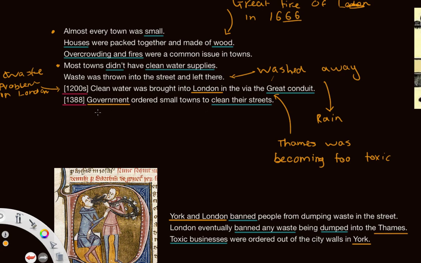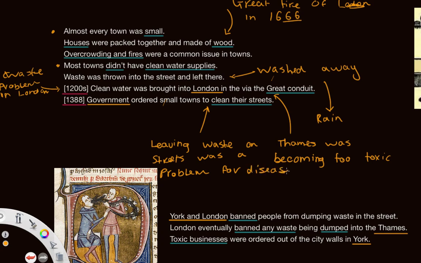The government in 1388 ordered small towns to clean their streets, because they recognised that leaving waste on the streets was a problem for disease.